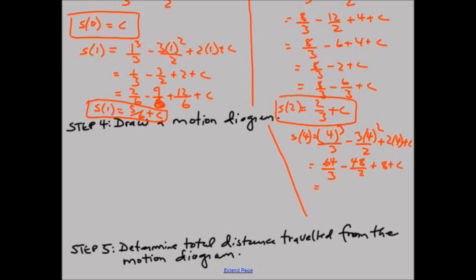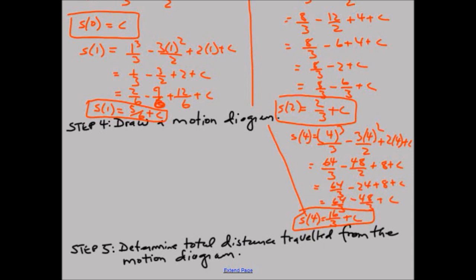That's negative 24. So subtract 16, which is 48 over 3. So 16 over 3 plus c is s of 4. All right, we have these 4 values.